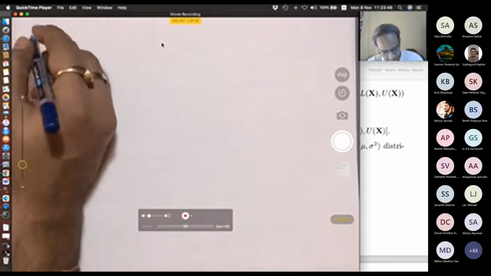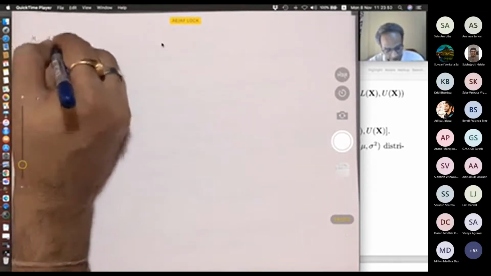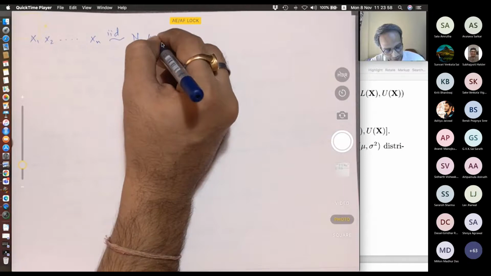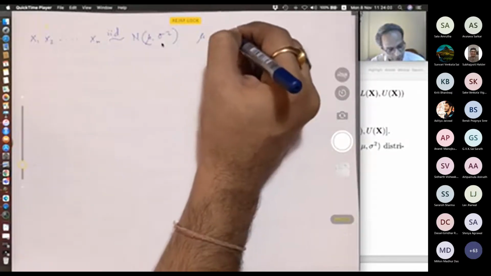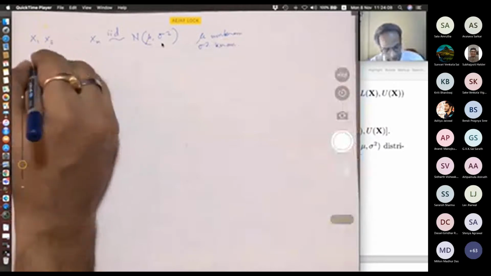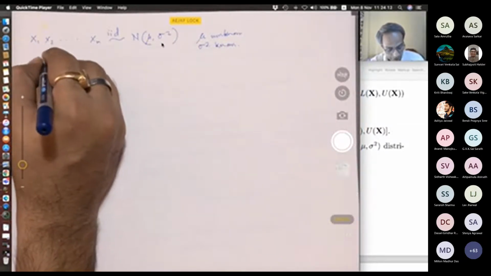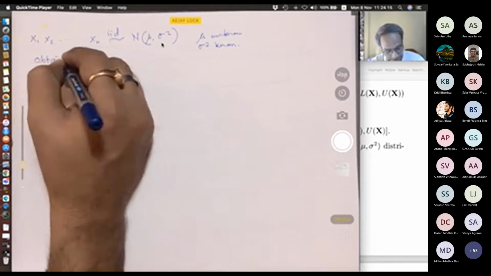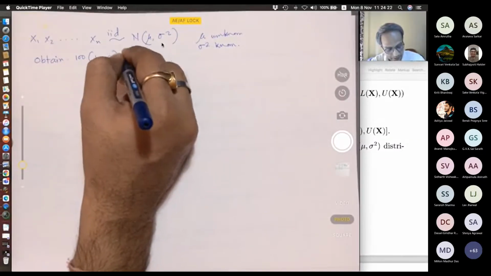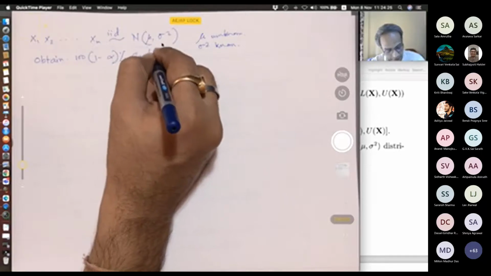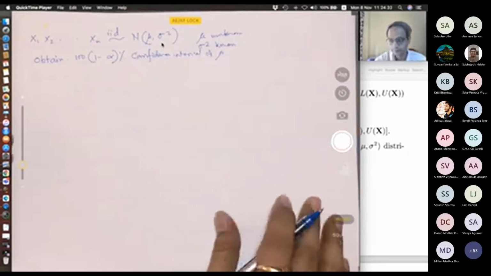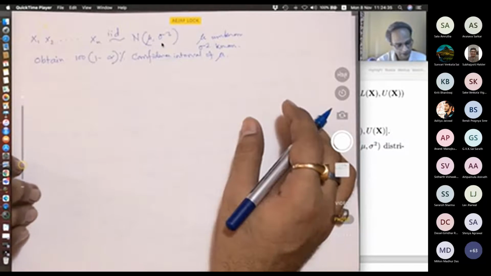So X1, X2, Xn are IID normal mu sigma square, mu unknown, sigma square known, and we are looking to obtain a 100 into 1 minus alpha % confidence interval of the mean. Okay, just simply the mean.